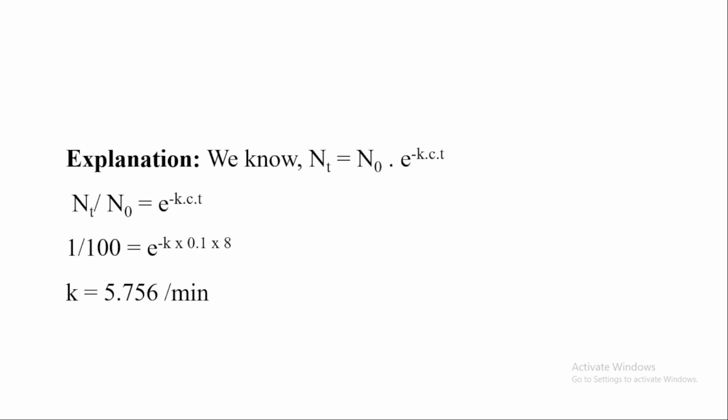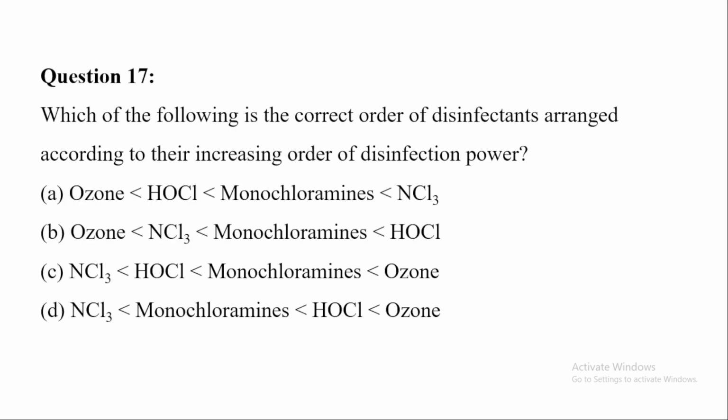Okay, so we will move to the next question. Which of the following is the correct order of disinfectants arranged according to their increasing order of disinfection power? We have 4 disinfectants given: ozone, hypochlorous acid, monochloroamines, and trichloroamines.